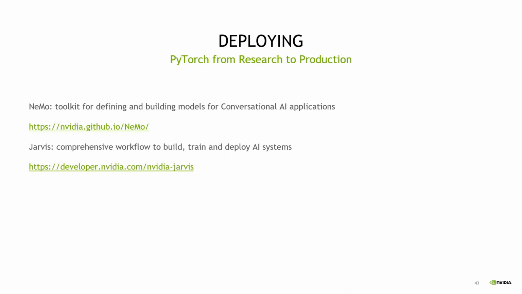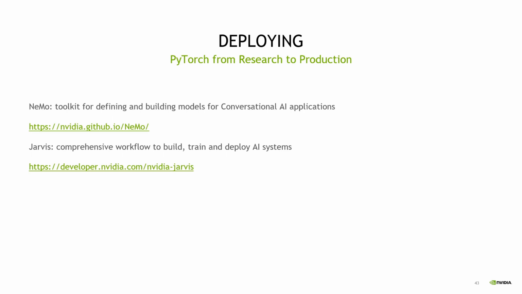I would also like to mention two toolkits. One of them is NeMo. NeMo, or Neural Modules, is a Python framework-agnostic toolkit for creating AI applications through reusability, abstraction, and composition. It uses typed inputs and produces typed outputs.